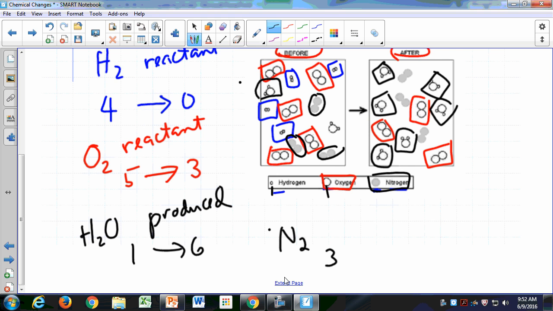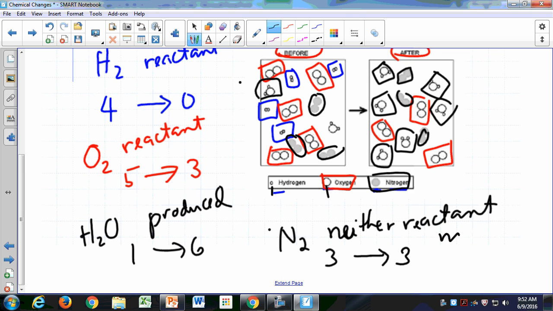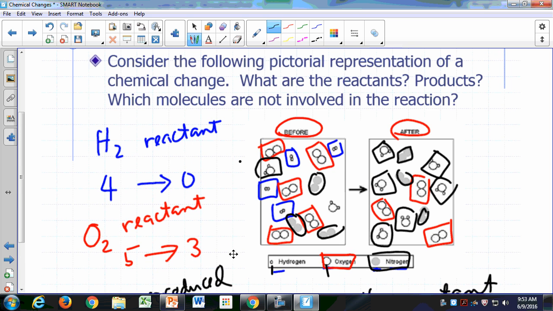You have 3 at the beginning, and after the reaction occurred, you still have 1, 2, 3. So this is neither a reactant nor a product. Nothing changed in the case of N2. Alright, so that would be the atomic level interpretation of what goes on during a chemical change.